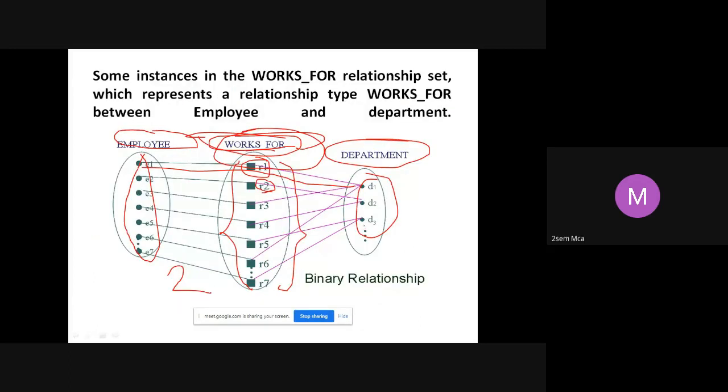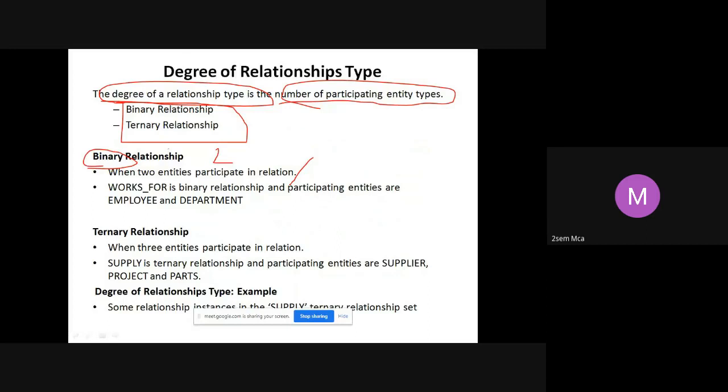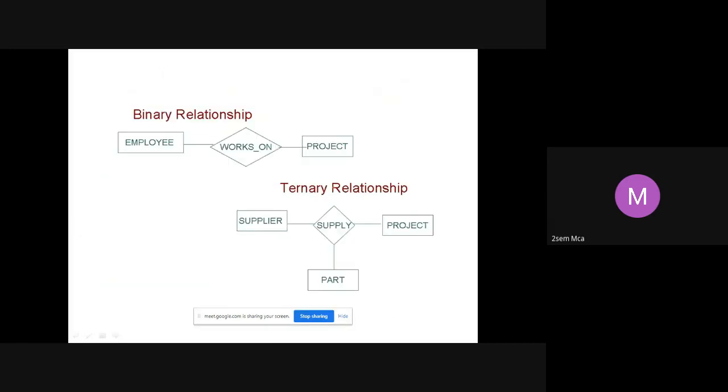If there are 3 entities involved, then you call such a relationship a ternary relationship. Let us see an example. Look at this example.